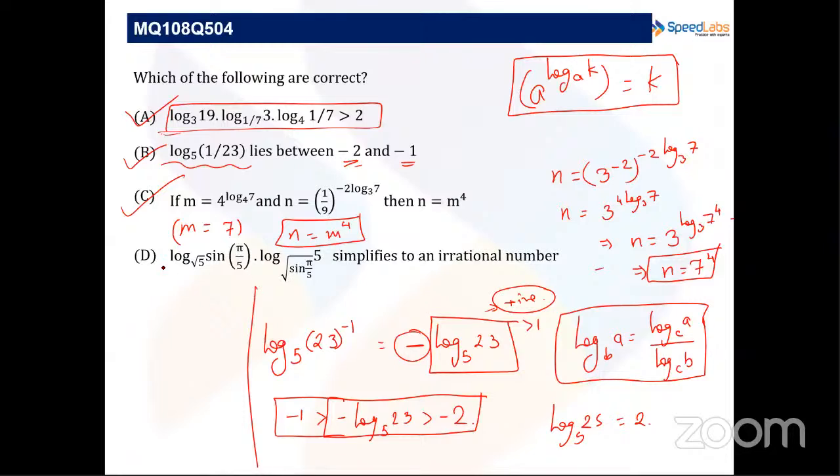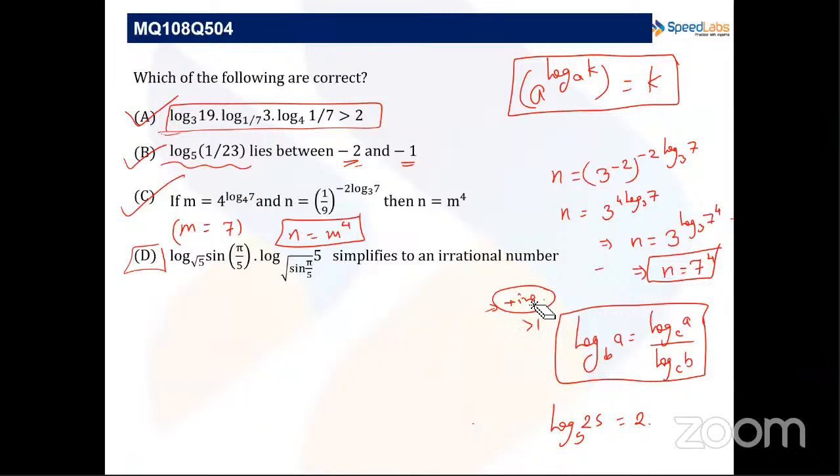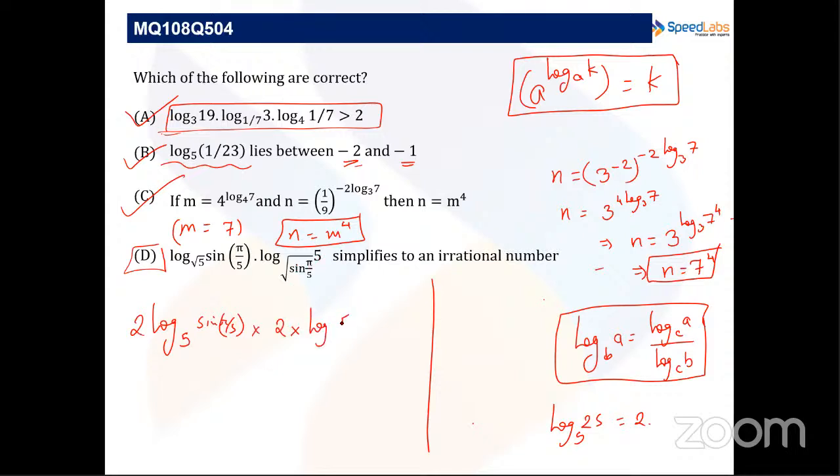Now let's check for D. For D, we are having log sine pi by 5 and 5 to the power 1 by 2, that will be 2 here, and here also that will be 2 into log 5 in the base sine pi by 5.